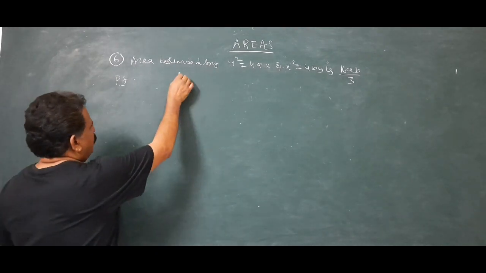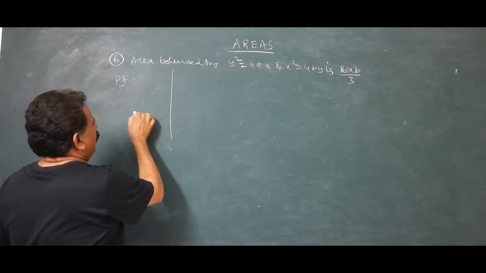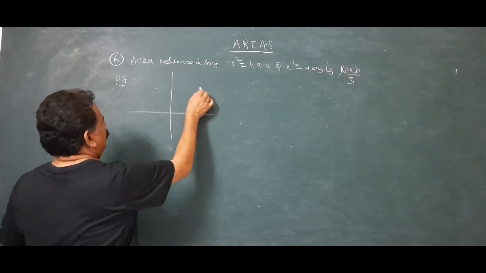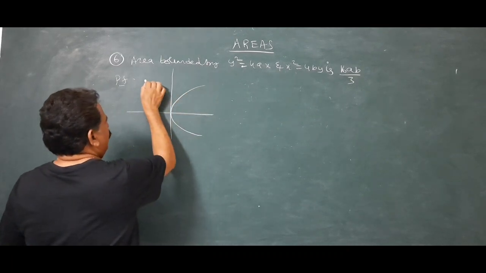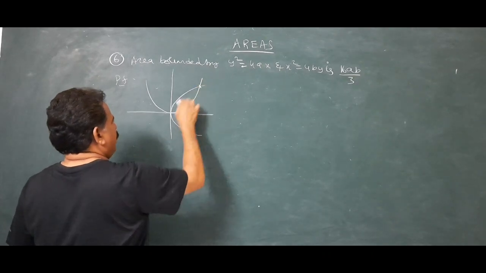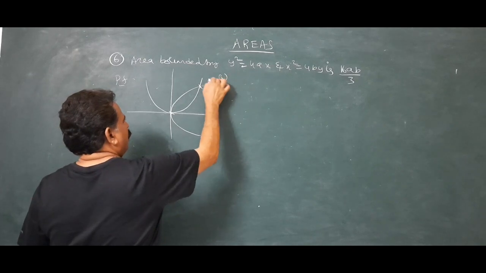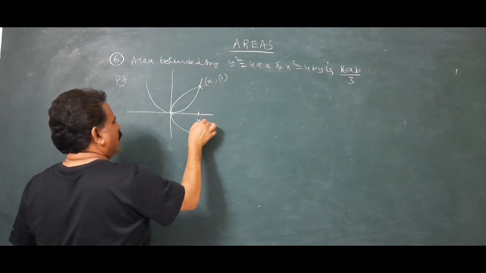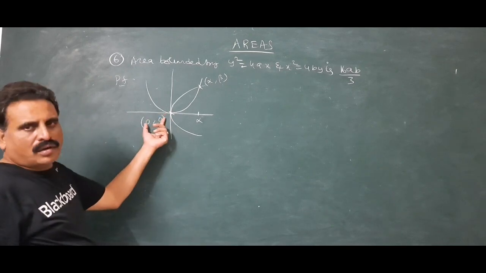One is a right-hand parabola, and the other is an upward parabola. These two intersect. One point is the origin, and another point, let it be (alpha, beta).